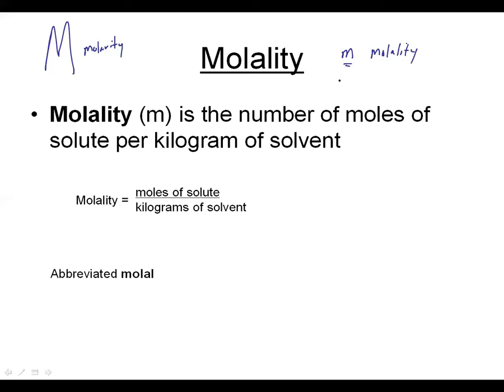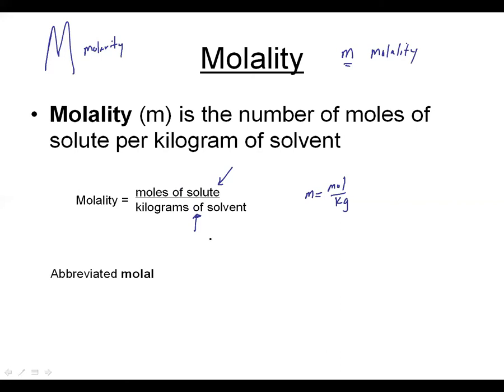So when we calculate the molality of a solution, it is similar to molarity. It is the moles of the solute, but the bottom part is a different type of unit altogether. It's actually the kilograms of solvent. So molality, which is little m, is moles over kilograms of solvent, and slightly different than molarity.